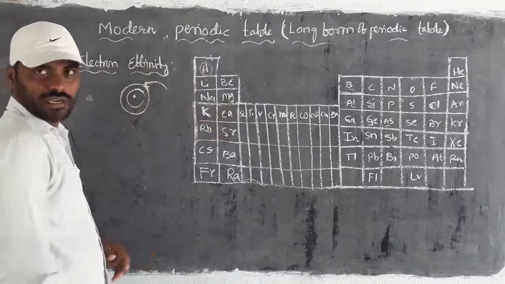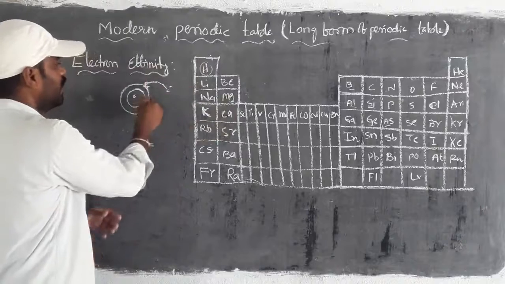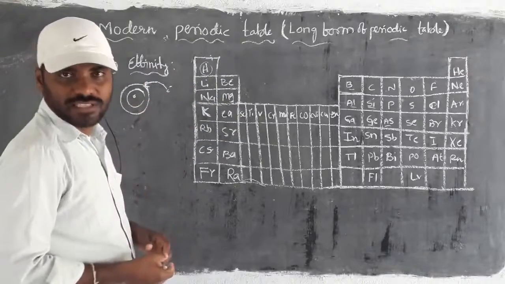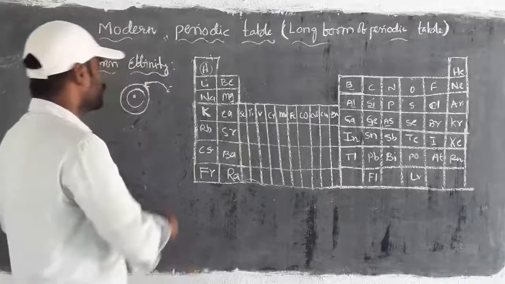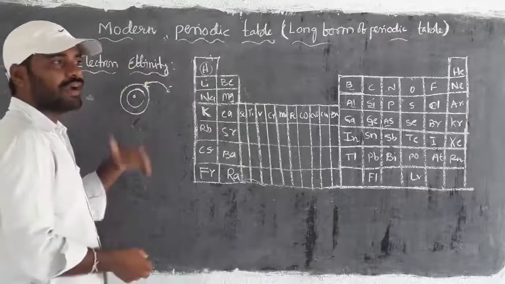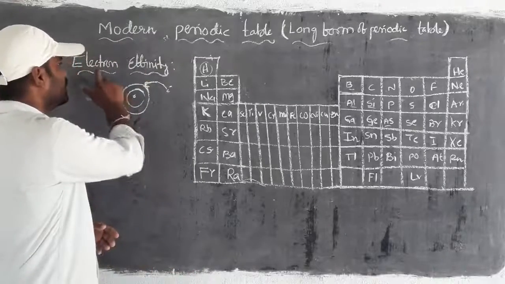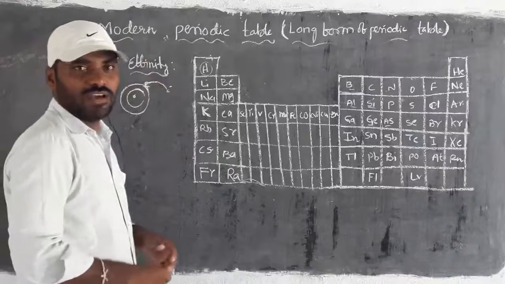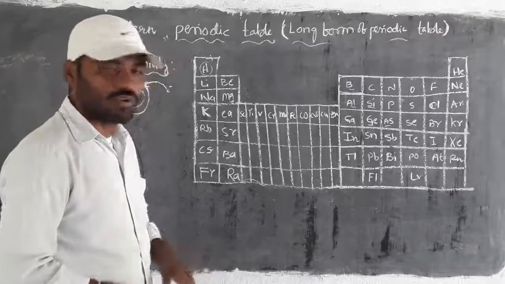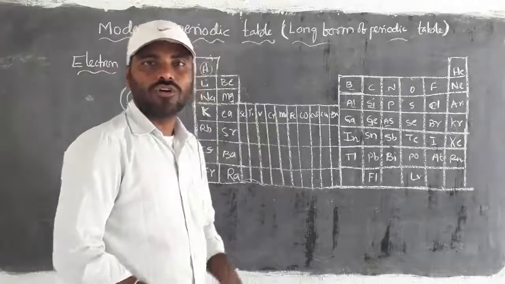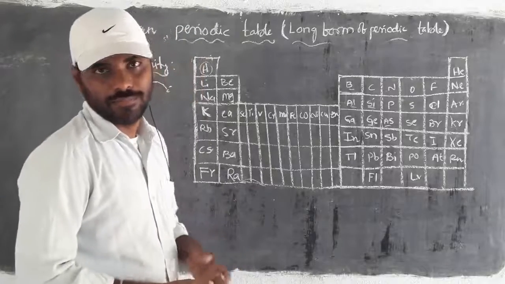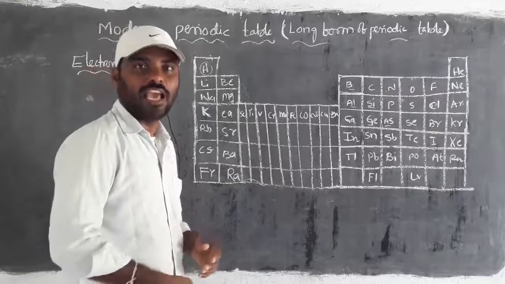orbit, the atom is ready to release certain energy. That released energy by an atom we simply call electron affinity, or else it is also called electron gaining enthalpy.